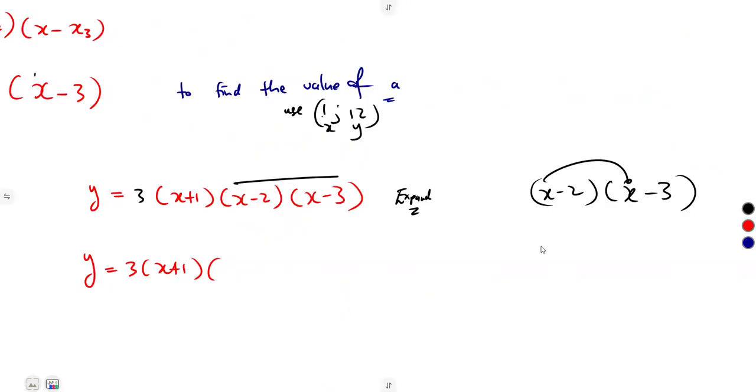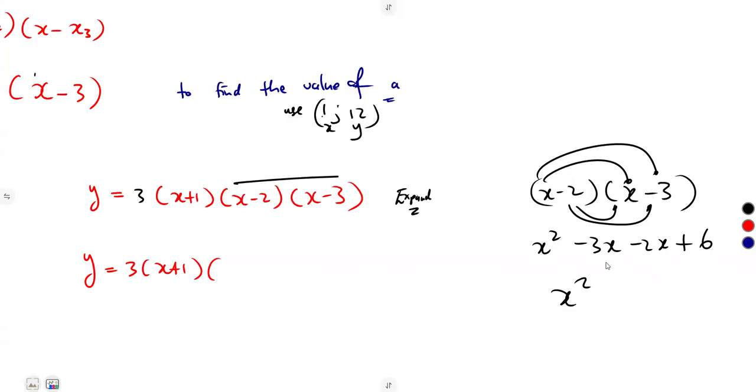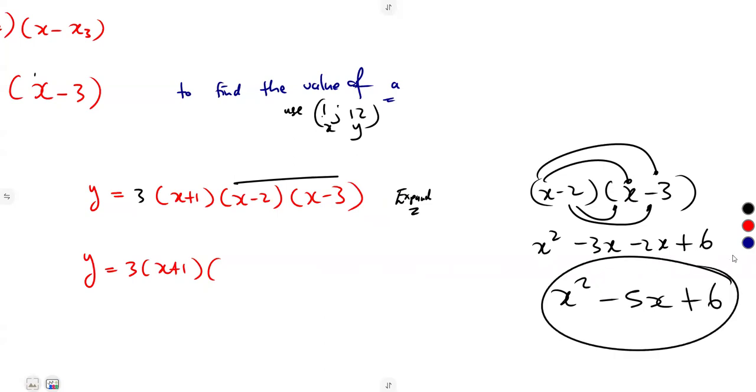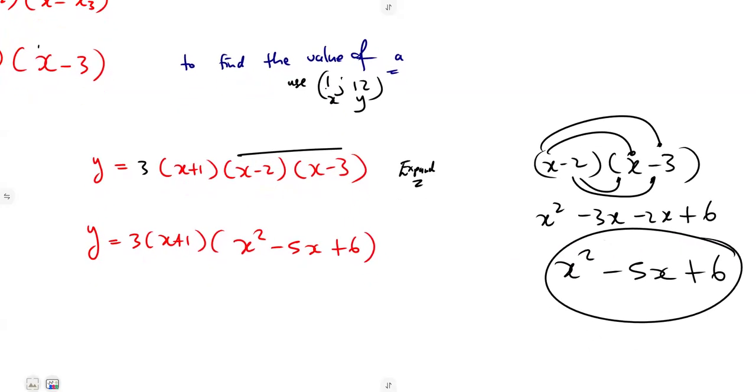It's going to be x times x, which is x squared, times -3, -3x, -2x, -2 and -3, that's going to be positive 6. Collecting the like terms, -2 and -3 gives us -5x plus 6. So from the expansion of these two brackets you're going to have x squared minus 5x plus 6.